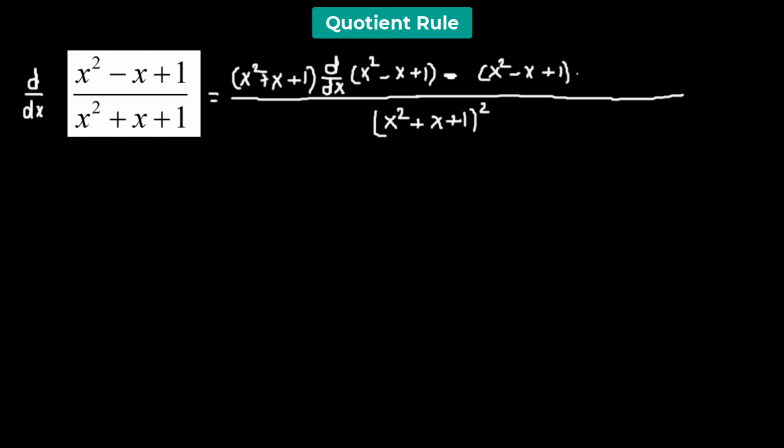So we consider the numerator and then multiply it by the derivative of the denominator, which is x squared plus x plus 1.